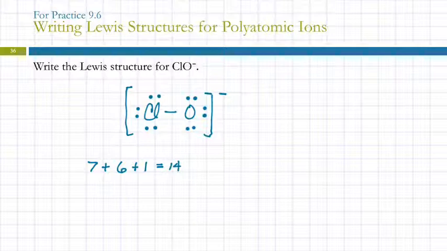Not obvious from the periodic table, guess and stick it on 1. So, remember the name of that ion? Hypochlorite. Chlorate is ClO3-. We have chlorite and hypochlorite.